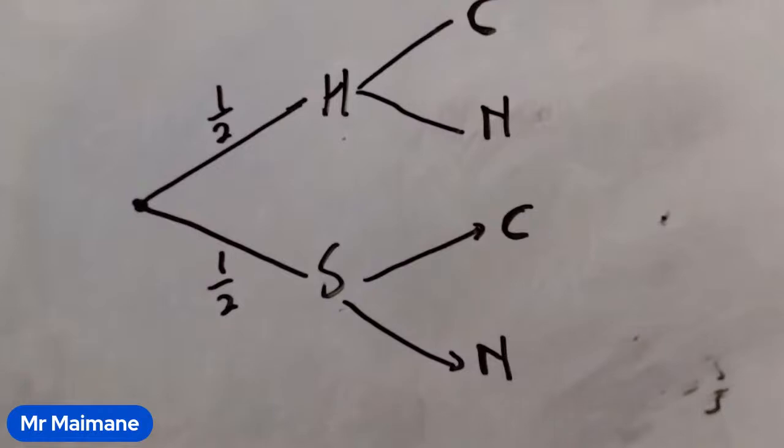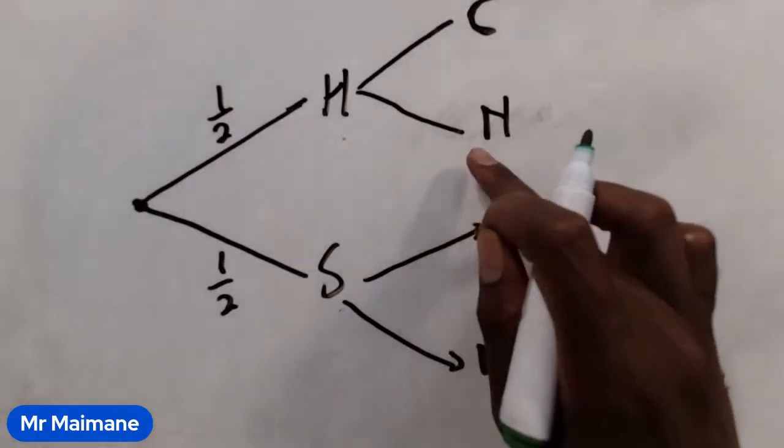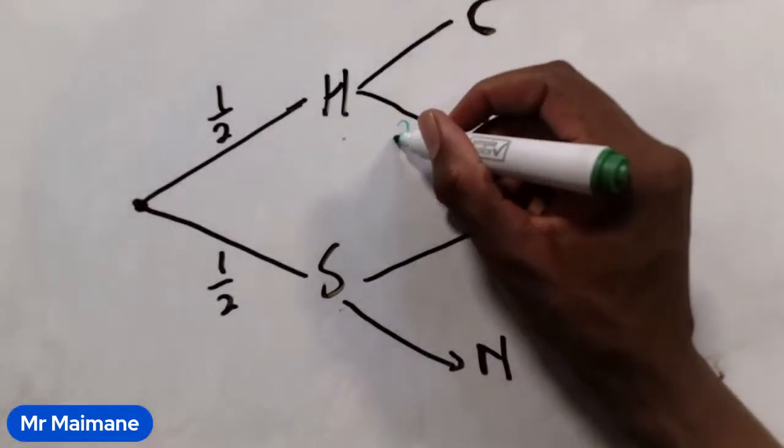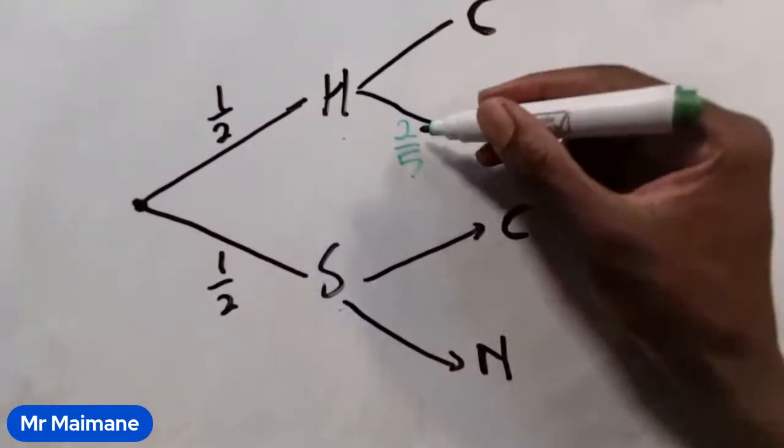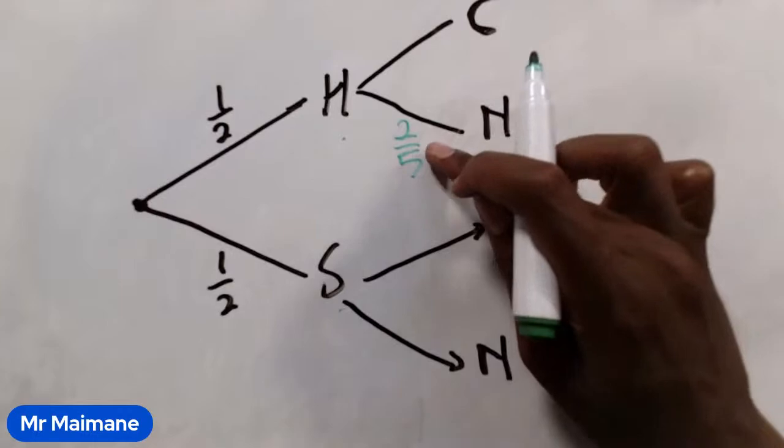You understand? So from this, what do we know? They gave us extra information. Let me just open it again on my side. They say 2 over 3 of the group receiving the headache pill were not cured. So 2 over 5, sorry, 2 of 5 of the people were not cured.